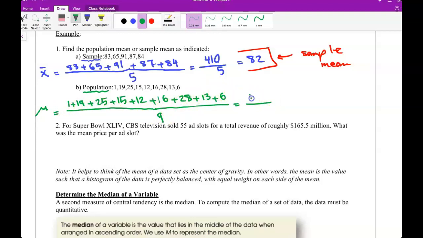So it's equal to 105 divided by 9, which is equal to 15. And this one is the population mean.